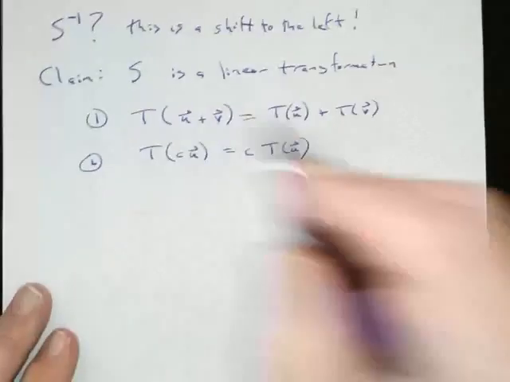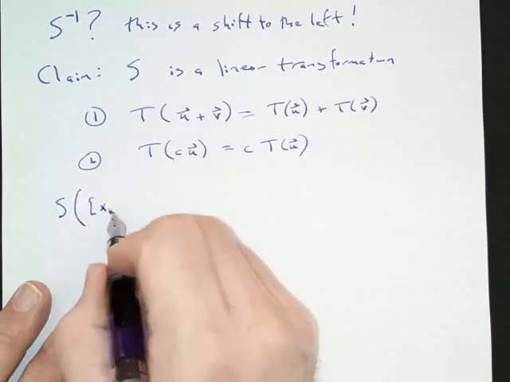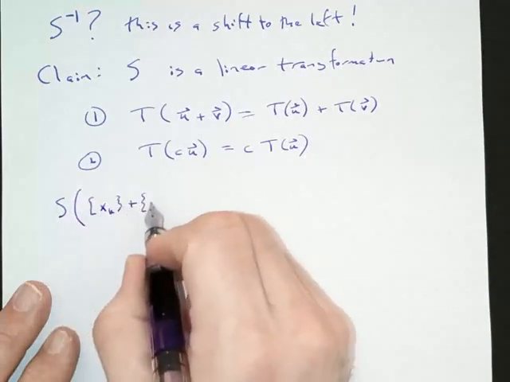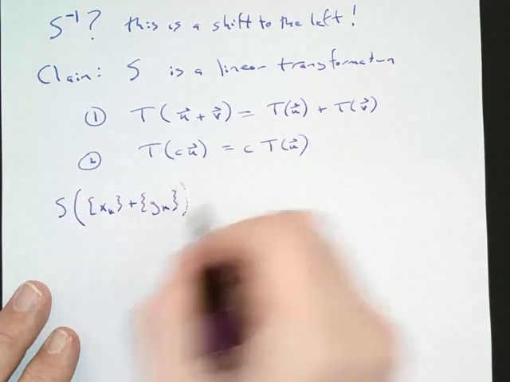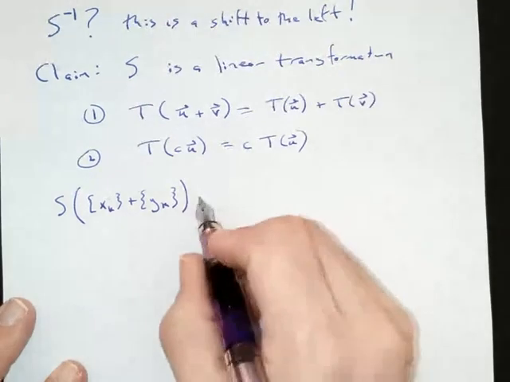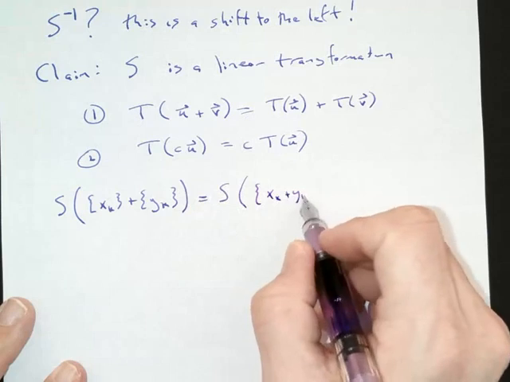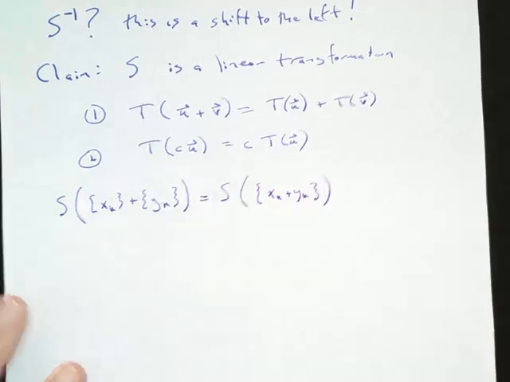So, that is the left-hand side. When you're adding signals, you just add the corresponding entries, right? So that means that what I'm really doing is the shift of the signal whose pieces are xk plus yk.